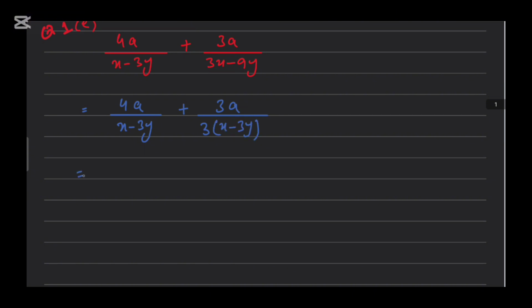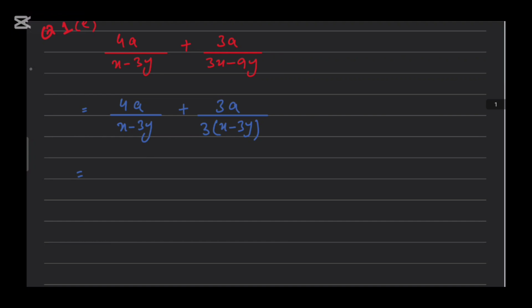So now you can take 3x minus 3y as an LCM, or you can also say that you have to make the denominator the same.